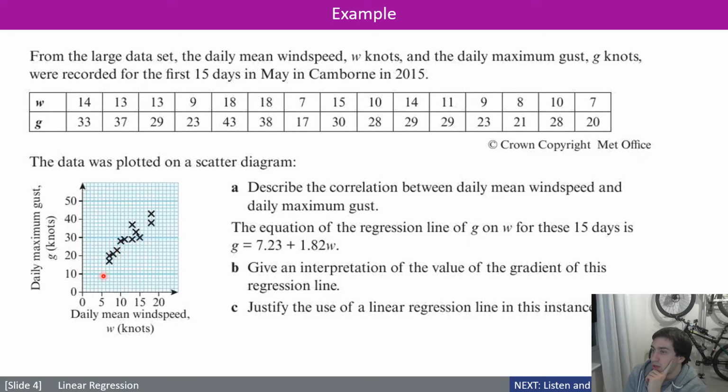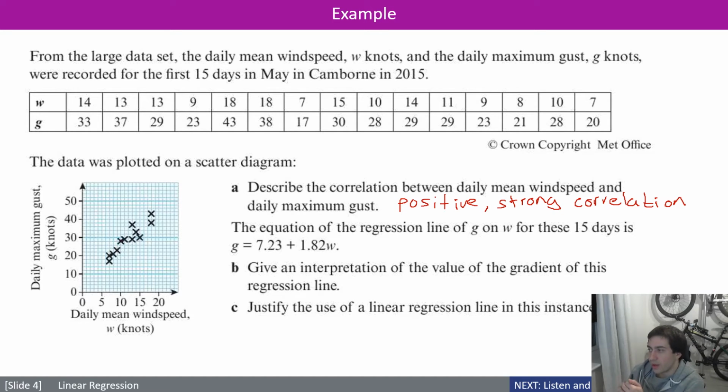If I were to draw a line, it would have a positive gradient, so therefore it's positive correlation, and I would say that looks strong. So for A, I would say positive strong correlation. You probably also want to write that out as a slightly more full sentence, in terms of exam practice.